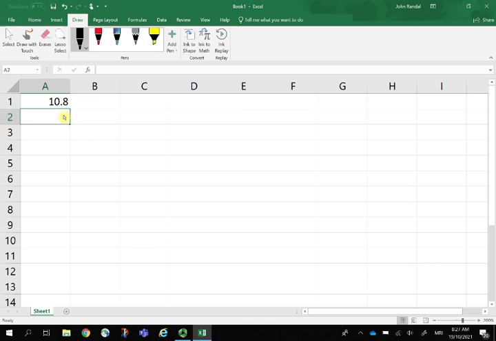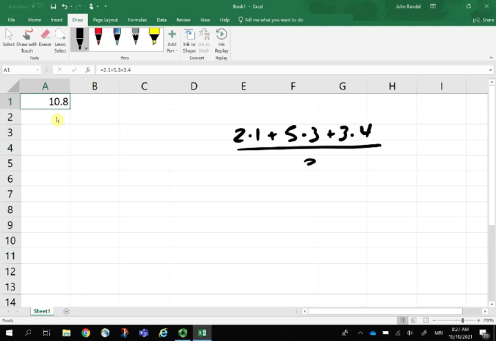We can do other things if we want to evaluate 2.1 plus 5.3 plus 3.4 over 3, for example. The way I've displayed that equation says essentially there's brackets around that numerator, and that's really the role that long line plays.